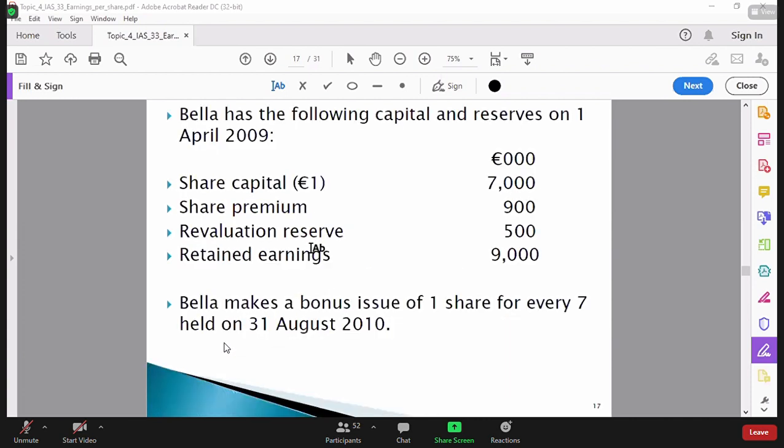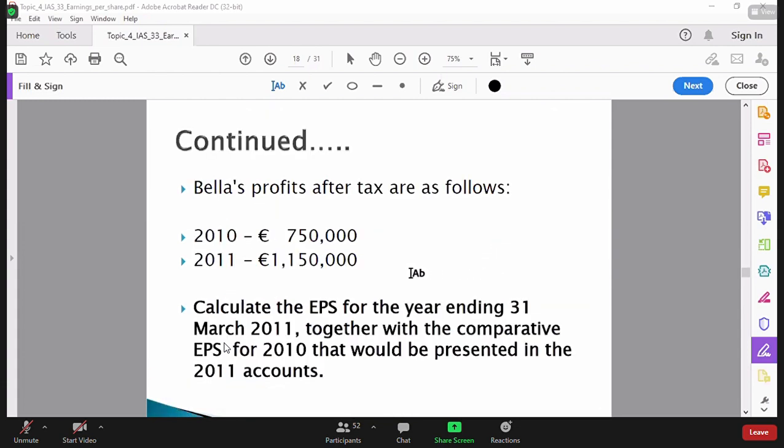Now, the profit here, it is not the retained earnings, this one is only the profit after tax. Don't get confused.